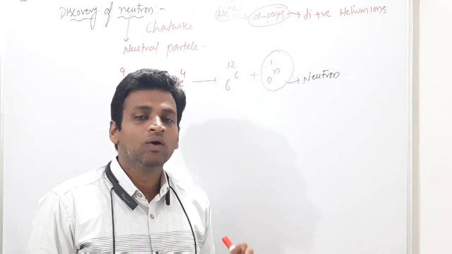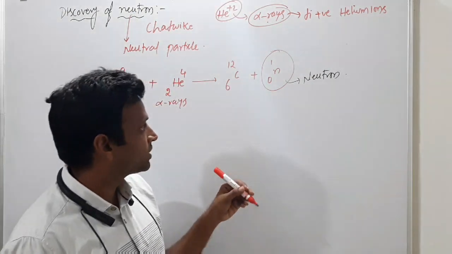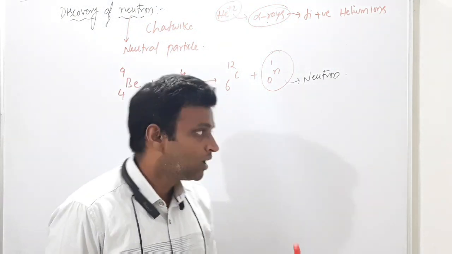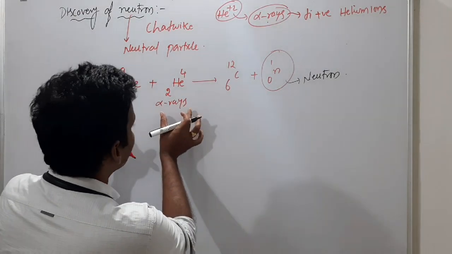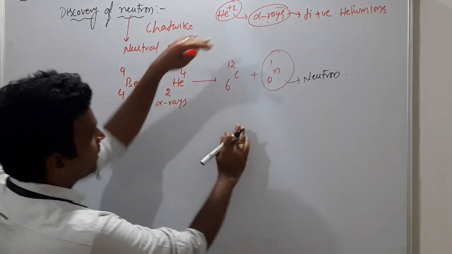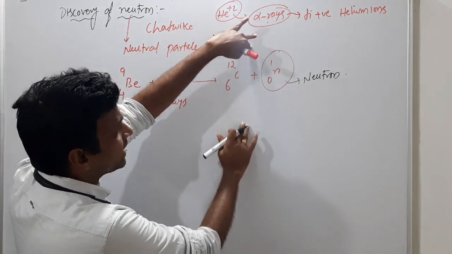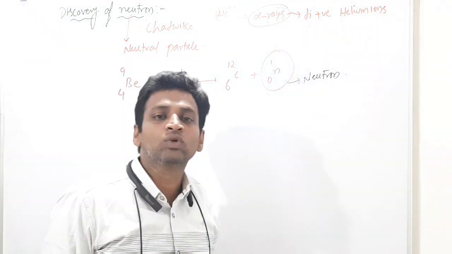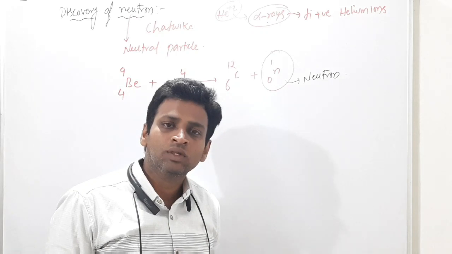How did he come to know whether it has charge or not, whether it is a neutral particle or not? After sending these alpha rays through beryllium, he kept an external electric field and magnetic field, and he observed no deflection.